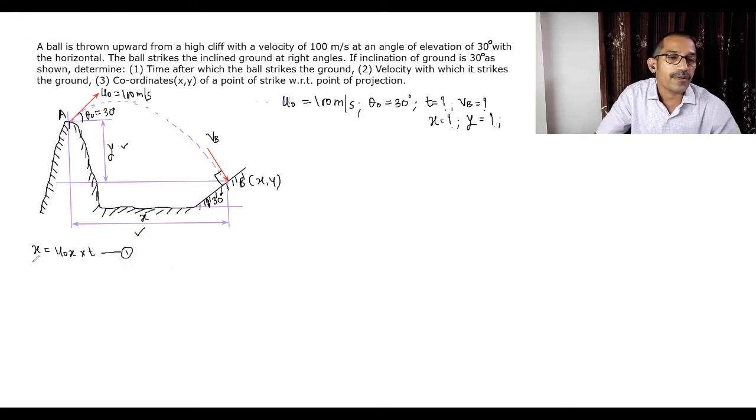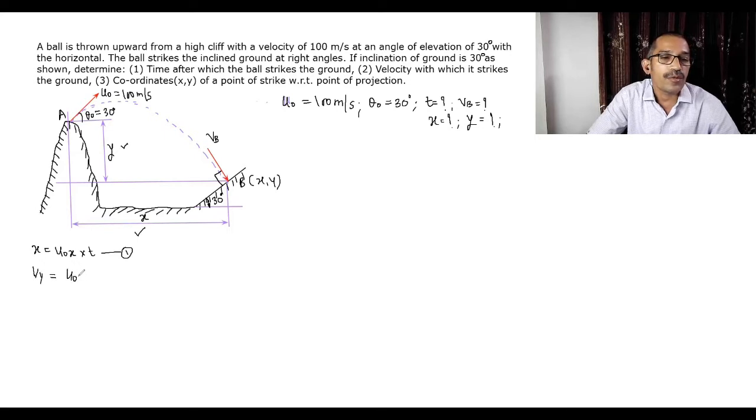Then the next equation is along y, that is velocity vy equal to u0y minus gt, since v equal to u plus at means minus gt. So the second equation, in the vertical direction for velocity, is vy equal to u0y minus gt.